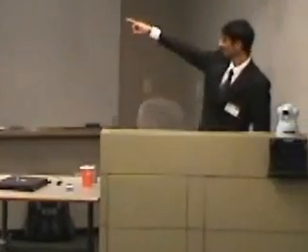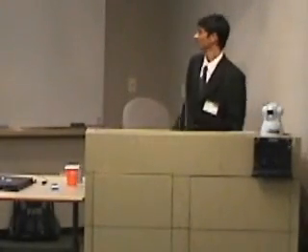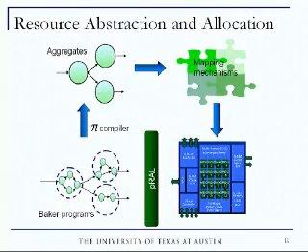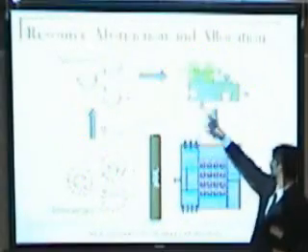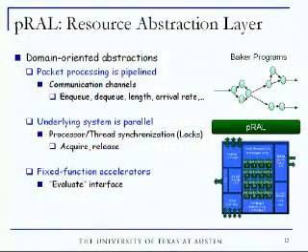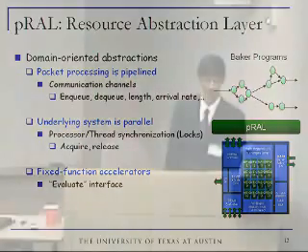Now, once these aggregates are formed, the aggregates contain the abstract interfaces to which we coded. So those have to be resolved before we can map these aggregates onto the hardware. And that's what happens using the mapping mechanism. So let's go into a little detail about the PRAL and the mapping mechanisms.